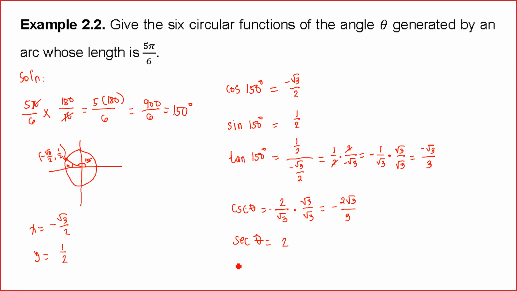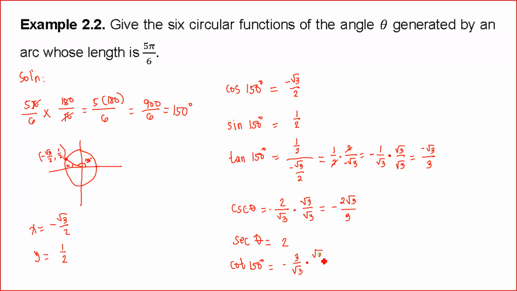And then the cotangent theta, we can make this as 150. So you have the reciprocal of this one, then you have negative 3 over square root of 3, and then rationalize the denominator.